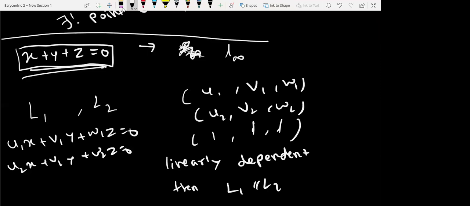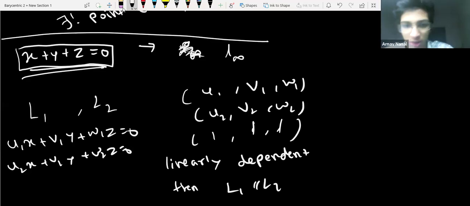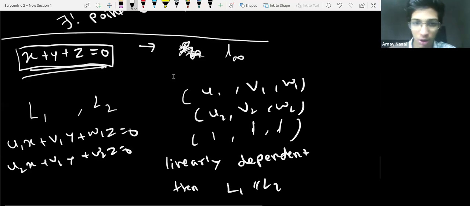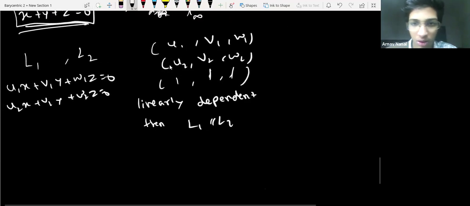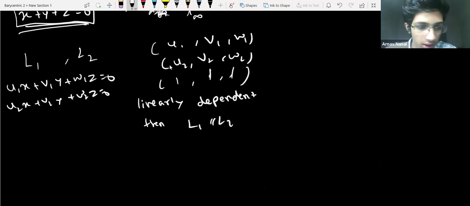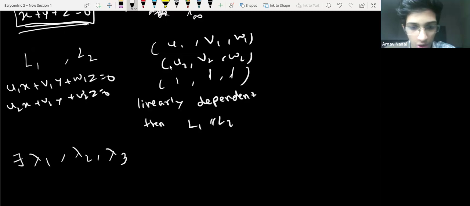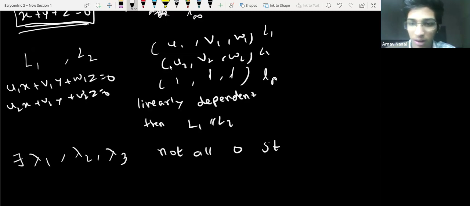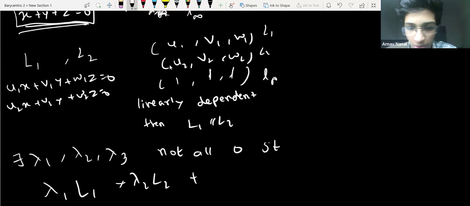Is that clear? What do you mean by linearly dependent? By linearly dependent, I mean that there exist some lambda1, lambda2, and lambda3, not all zero, such that, calling these L1, L2, and L infinity, lambda1 times L1 plus lambda2 times L2 plus lambda3 times L infinity is equal to 0.